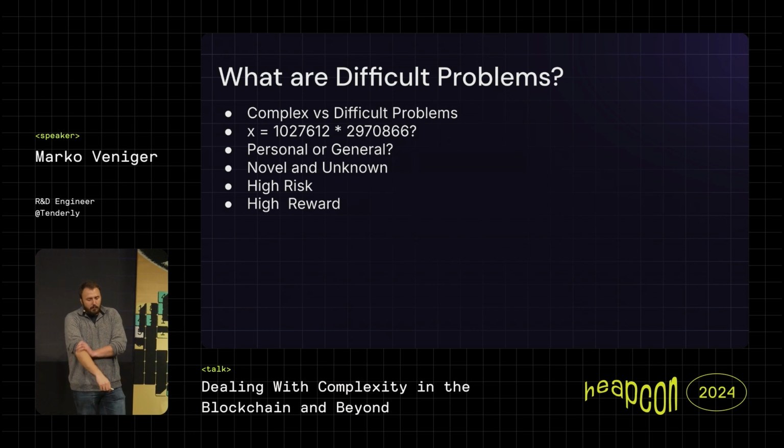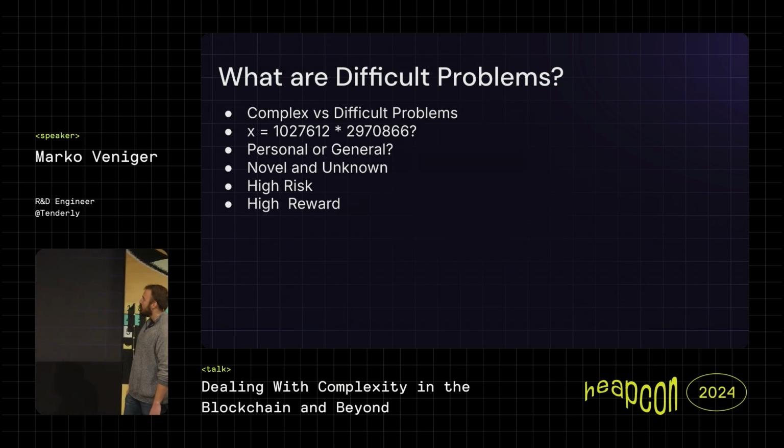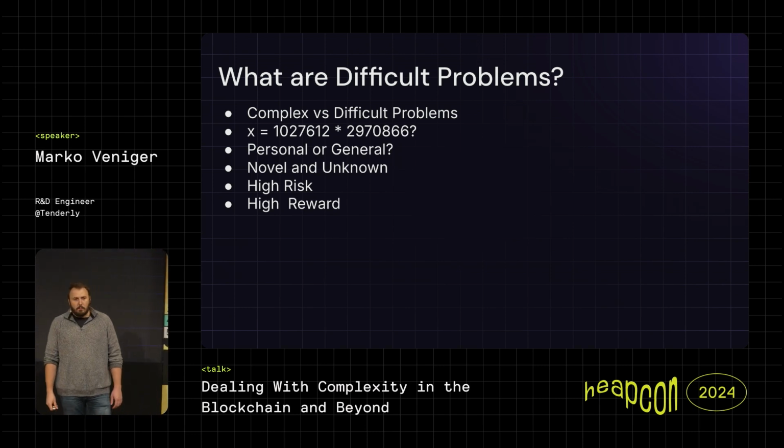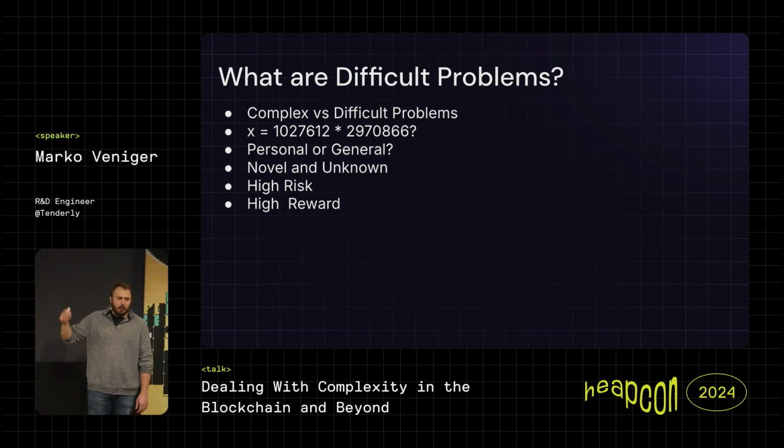So, what are difficult problems? First of all, there are complex problems that require many different steps, but not all of them are really difficult. Imagine if you wanted to go to Tara Mountain, for example, to have a nice weekend. What would you need to do?